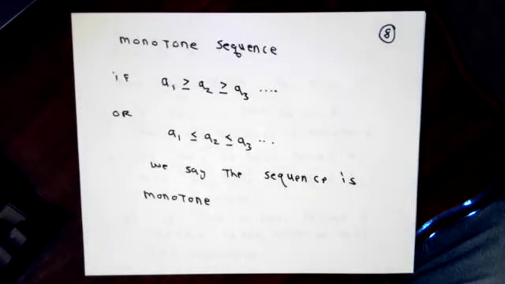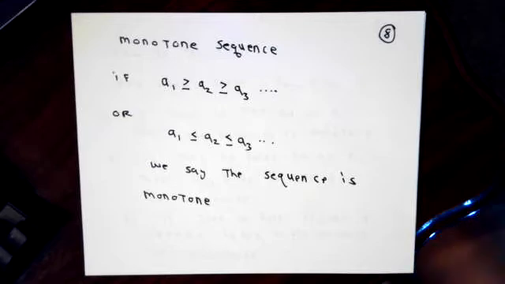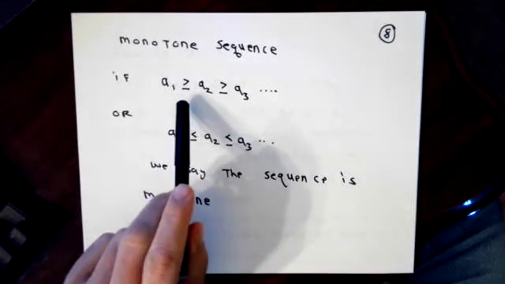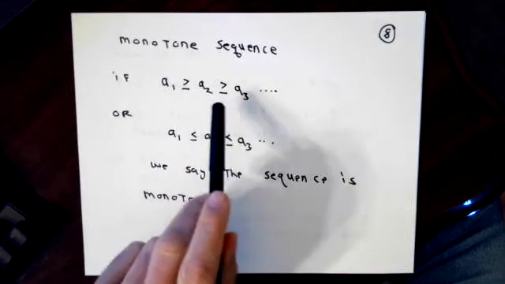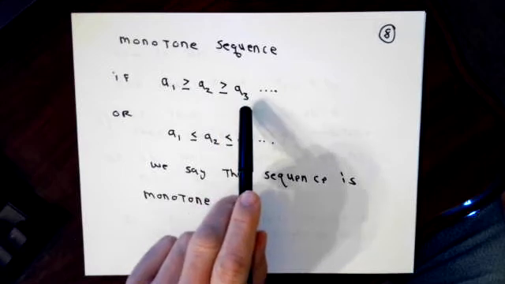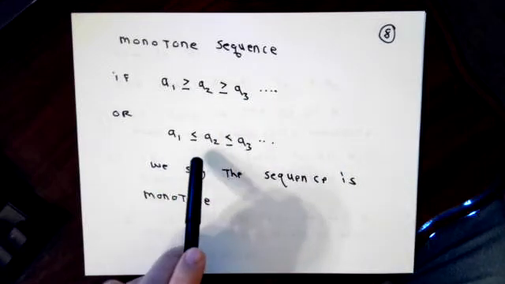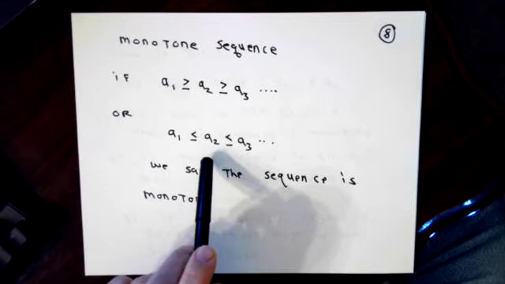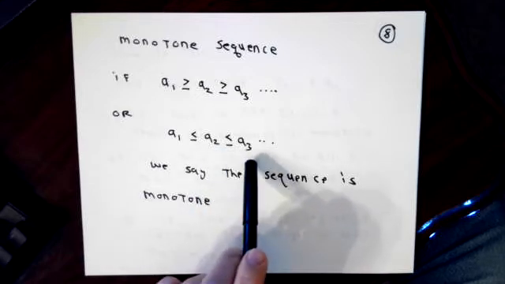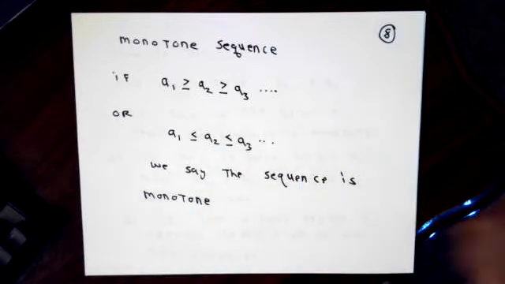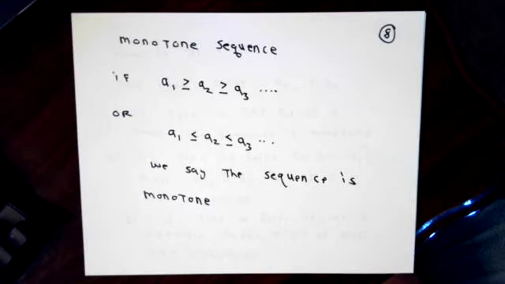We're going to have a behavior that some sequences exhibit called monotonicity, or having a monotone sequence. If A1 is bigger than or equal to A2, which is bigger than or equal to A3, and so on, or A1 is less than or equal to A2, which is less than or equal to A3, and so on, we say that the sequence in question is monotone.